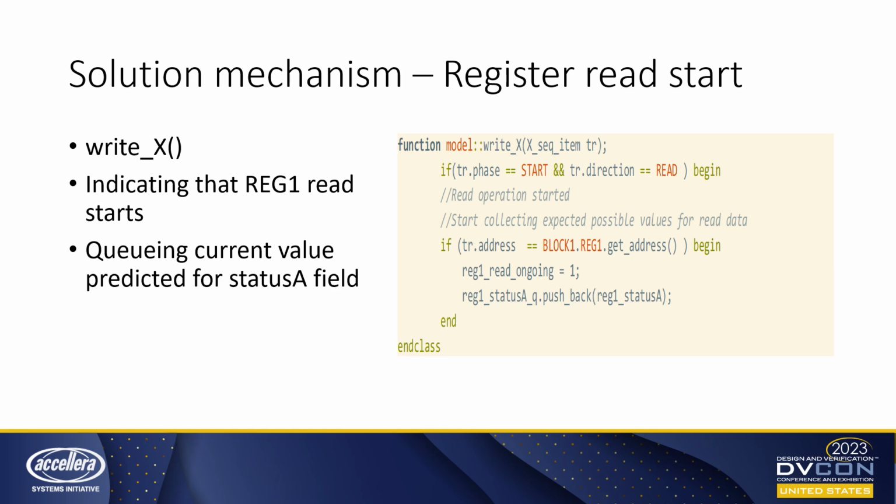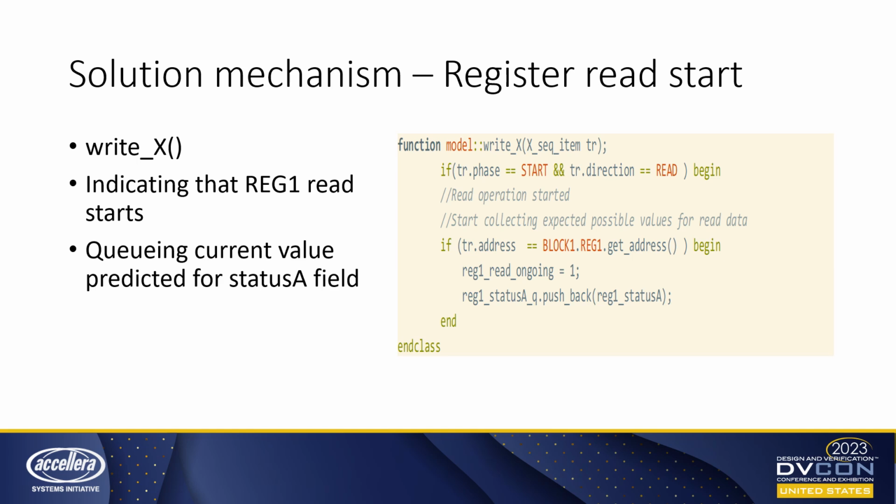Monitor of the agent X reports transactions using a TLM analysis port, and our model implements the write method as shown on this slide. Basically, once the start of the read operation for the specific register is detected, the flag which says that the read operation is ongoing is set, and the expected value of the register field at that moment is pushed to the queue.